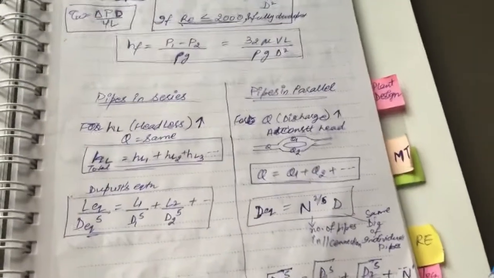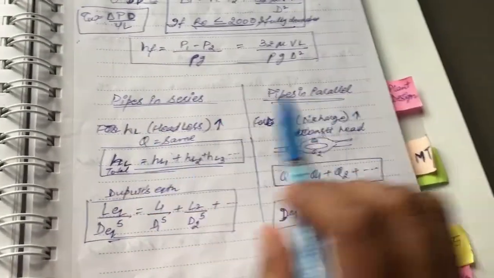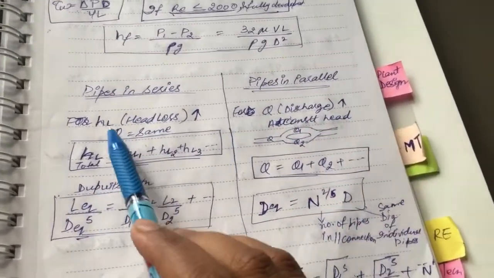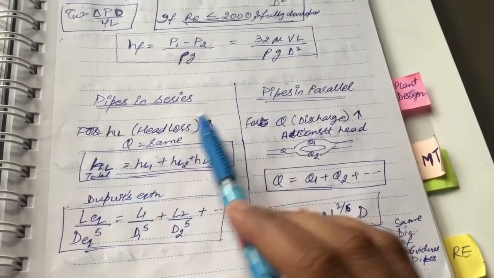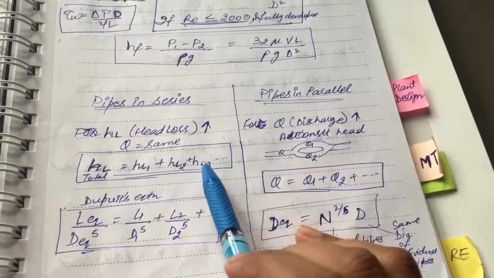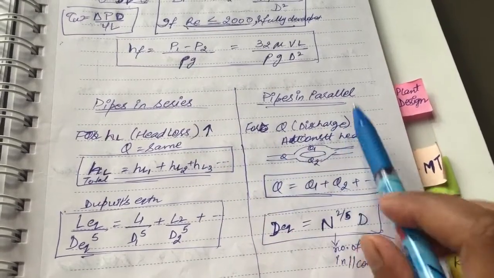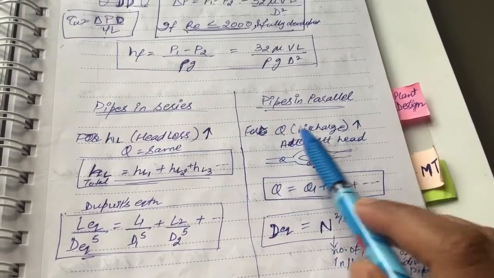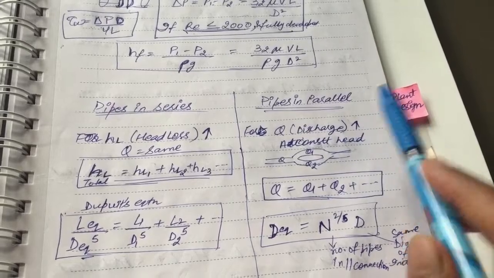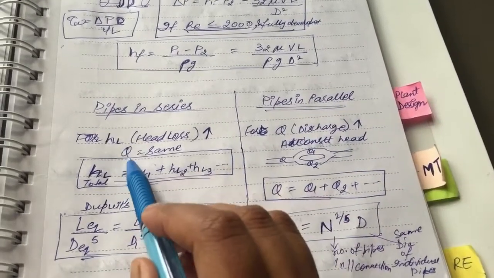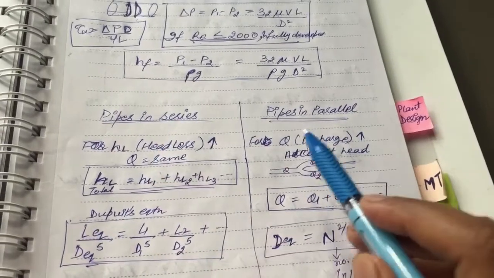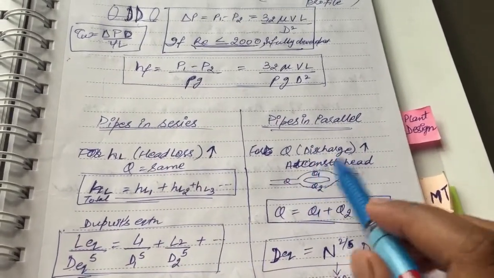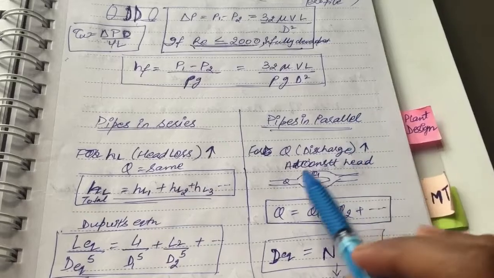Then we have the case for pipes in series and pipes in parallel. In case of pipes in series, HL, the head loss, increases, and in case of pipes in parallel, the discharge increases. Q remains the same in case of series, and in parallel it is at constant head.